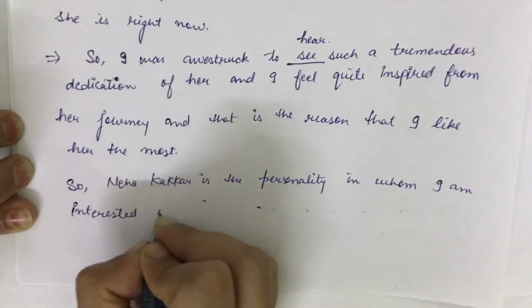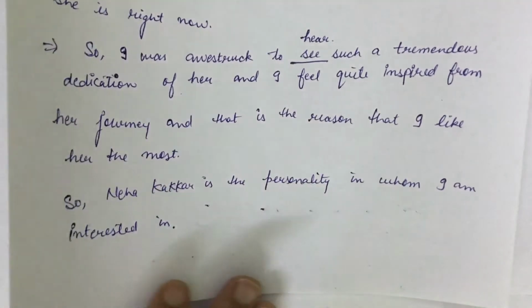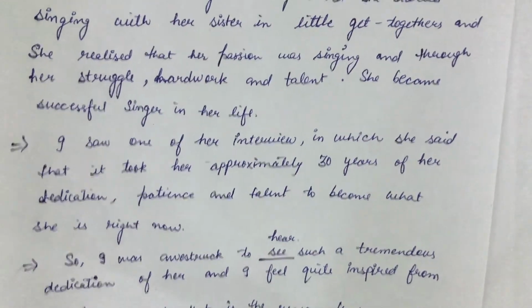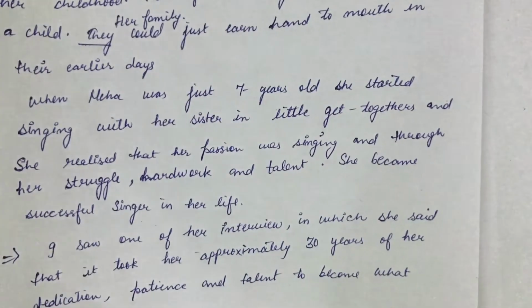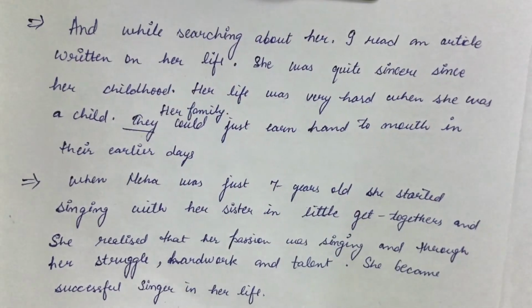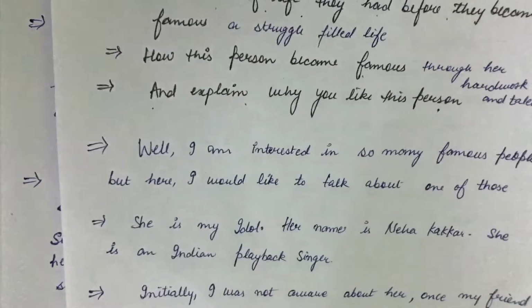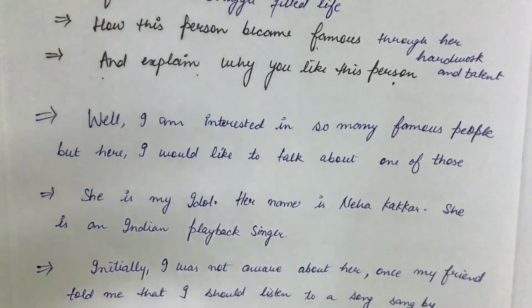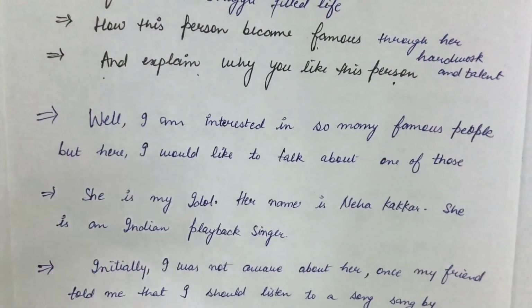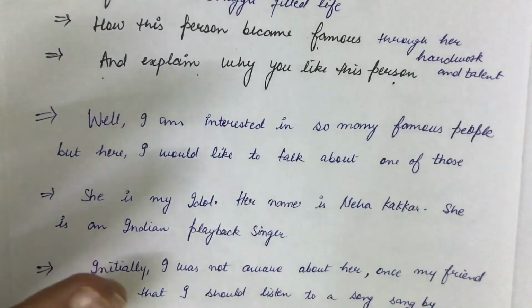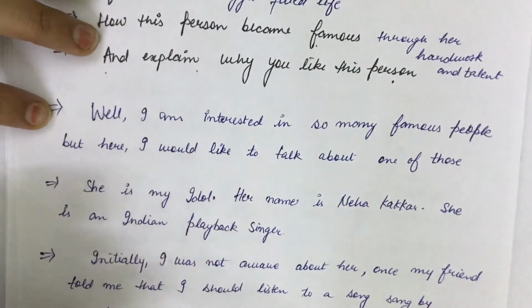Okay, so you can write about any person that you are interested in, but this is just an example that I write all about her life. Okay, so now I am going to speak about this. Once you organize your ideas while speaking, then it is not a difficult task for you to speak. Okay, so now I am going to let you know what I have written.